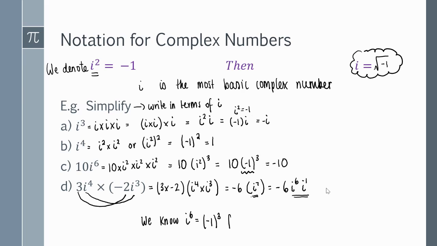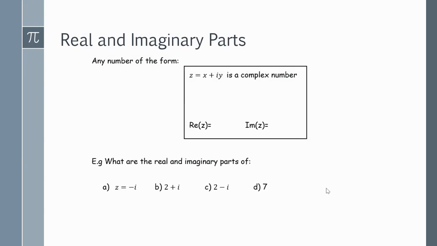So everywhere I see an i^6 in my expression, I'm going to sub in -1. The -6 times the -1 will just become a +6, and I'll still have the i hanging off the end. So it simplifies quite nicely.